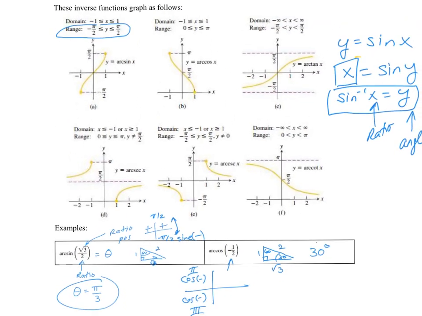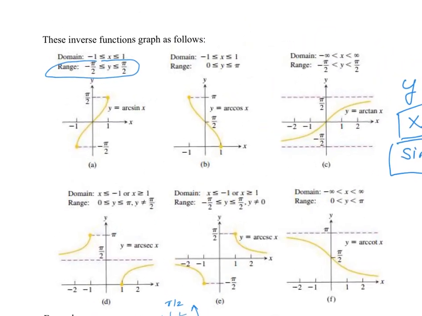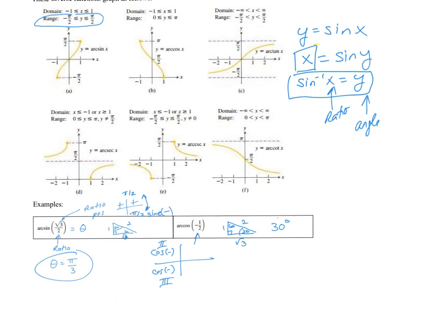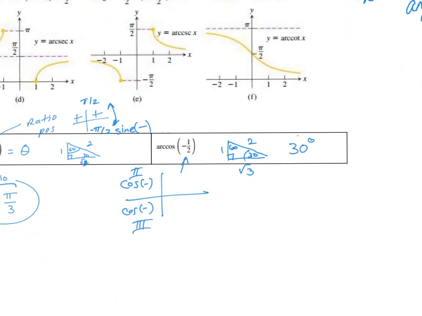So let's look back up at our little thing up here, and I'm looking at the arc cosine. I need to look at the range, because that's talking about my angle measurements. And this is saying that the range needs to be from 0 to pi. 0 to pi is here.